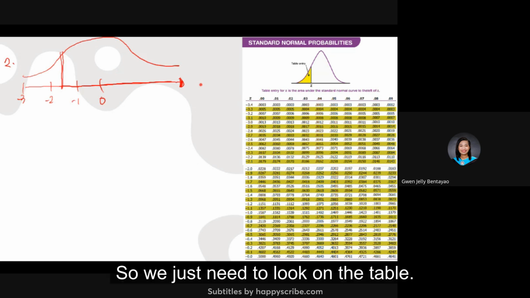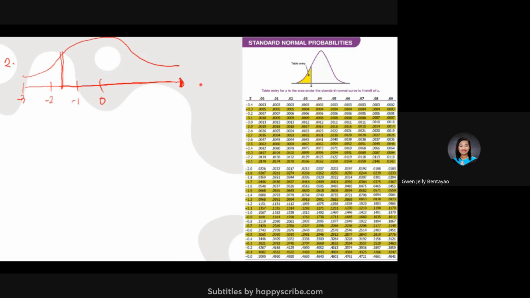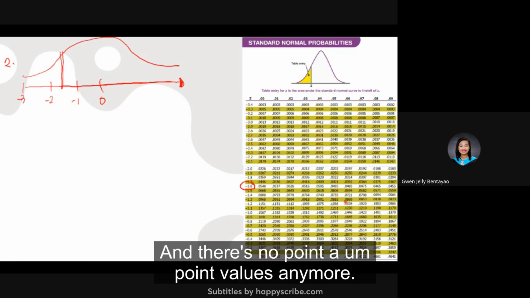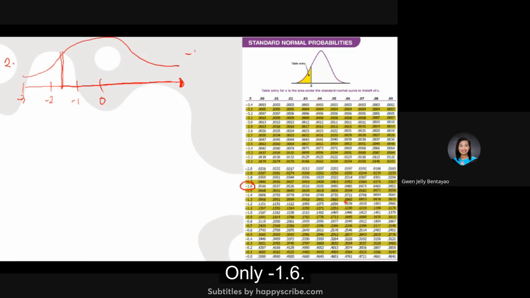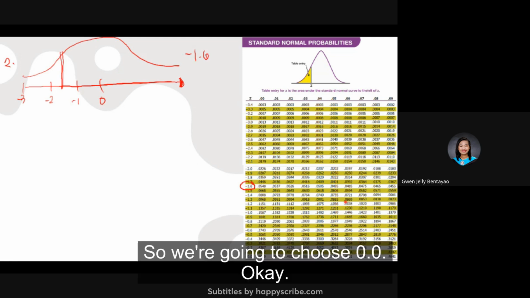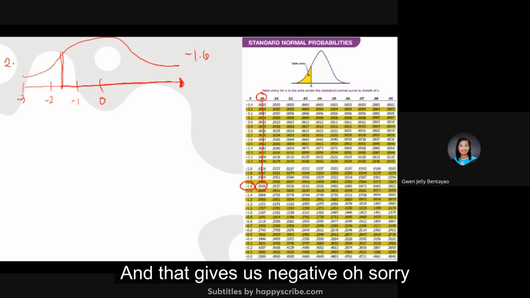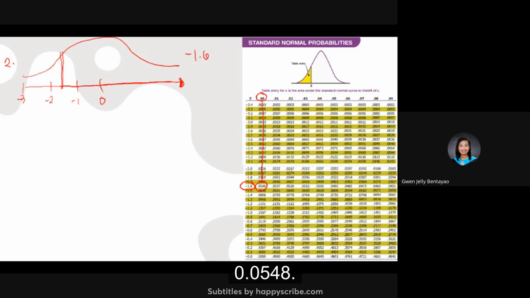So we just need to look on the table, and since this is a negative value, let's look for negative 1.6. So that's the value there. And there are no decimal places anymore, only negative 1.6, so we're going to choose 0.00. Okay, so let's look for that, and that gives us 0.0548.